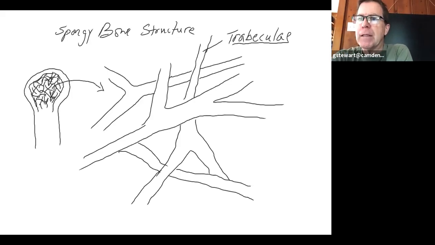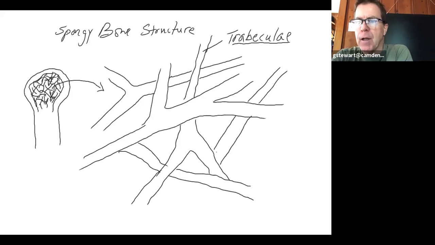and the spaces between the trabeculae, it's not airspace. I'm going to pull up a different color. I'm just going to use yellow for this gel-like, it's not fat, it's a gelatinous structure where we have stem cells, those osteogenic cells, as well as hematopoietic cells.